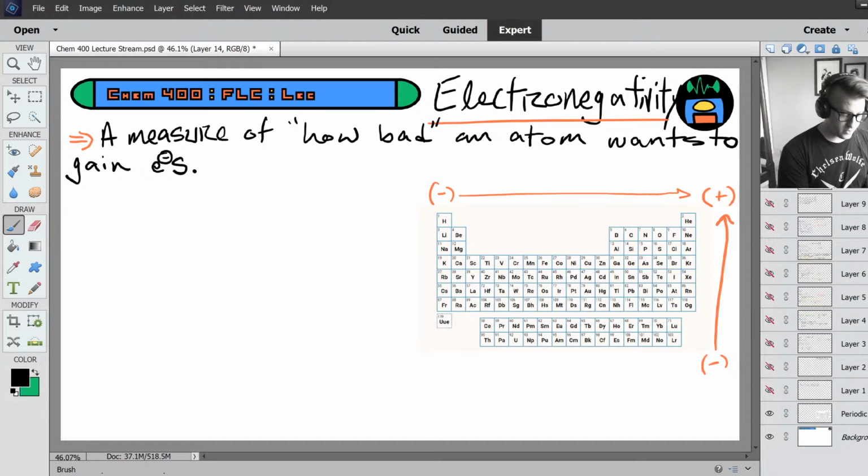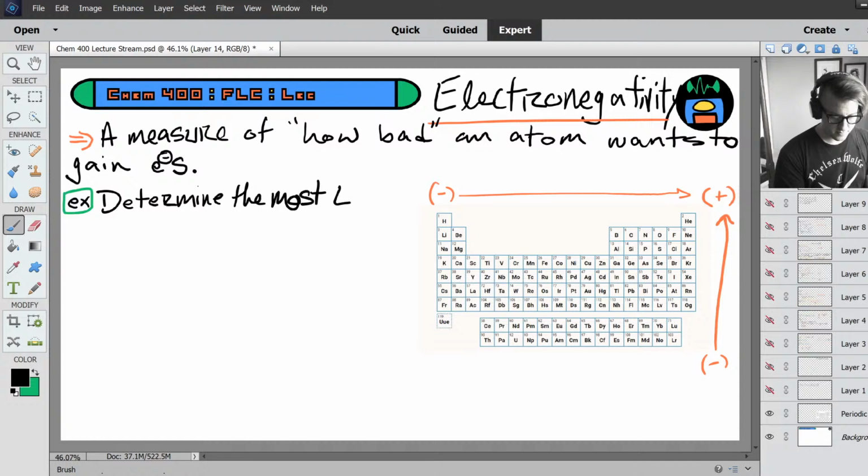So for all of these examples, let's determine the most electronegative.